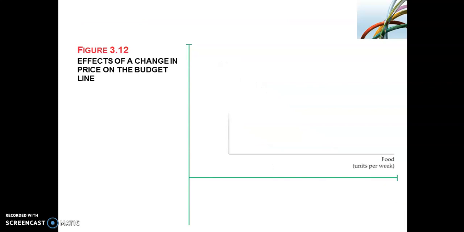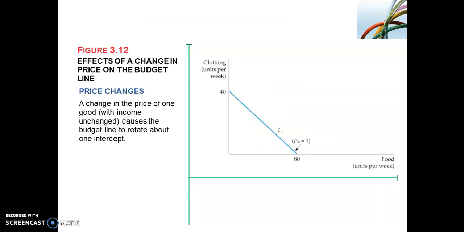The next slide and figure 3.12 represents the effect of a change in price on the budget line with income remaining constant. Now, with price changes, if there is a change in the price of one good with income unchanged, it's going to cause the budget line to swivel or rotate on one particular intercept.